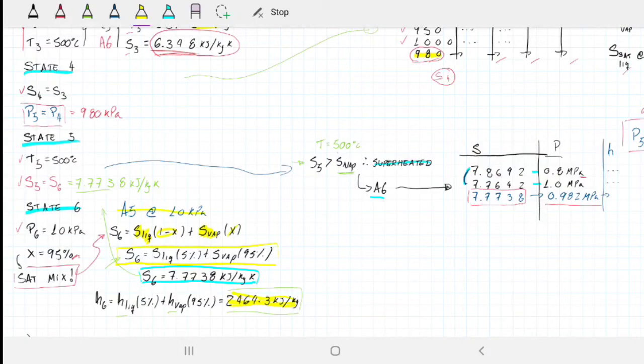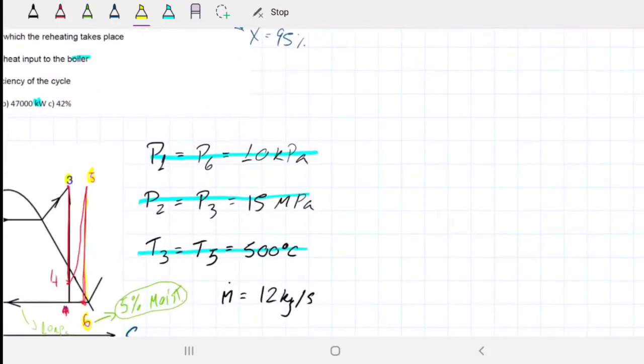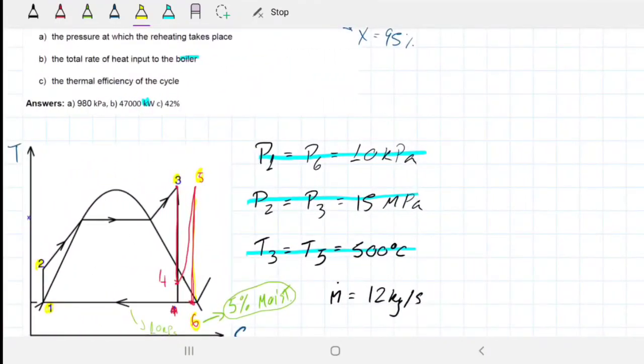Part B is asking what total rate of heat input to the boiler. Now, let me grab the blue. If we're looking at this, where are we inputting heat to this cycle? Well, we're inputting heat from 2 to 3 and also from 4 to 5, right? That's why it's a reheat system. We have 2 boilers there, and we have 2 stages at which we input heat.